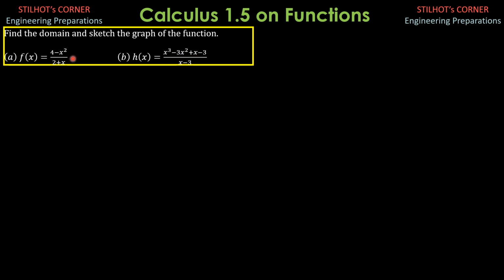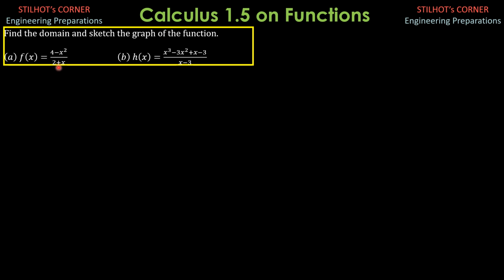For part A, it is a fractional expression, therefore the domain is the set of all admissible values of the variable without setting the denominator to 0. So if the denominator is 0, that's a point of discontinuity. Remember, a fraction is undefined when the denominator is 0.